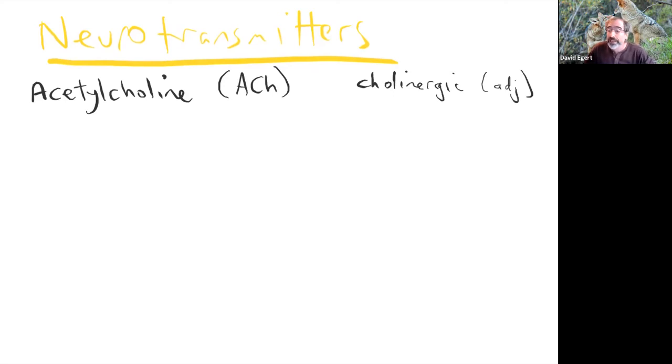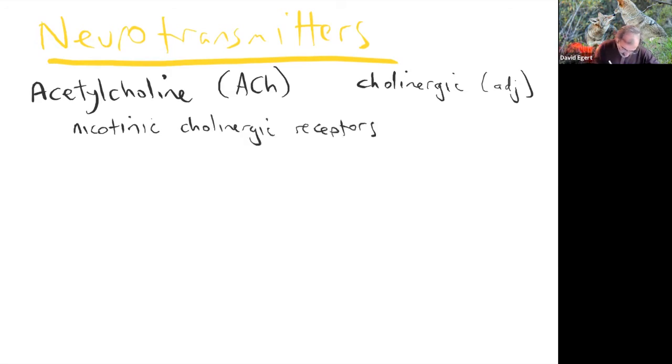There are two main classes of receptors for acetylcholine. One of them that I've actually mentioned, the nicotinic cholinergic receptors. And the other kind are called muscarinic.